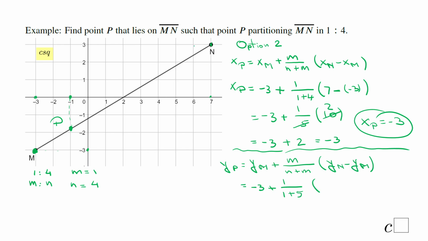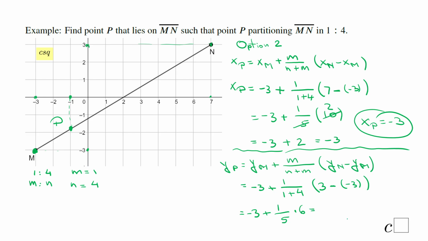And then yn, so this is the point, we have +3 minus -3, the one we start from. And I'm sorry, this is 1 plus 4, not plus 5. So we have here -3 plus 1 over 5, and 3 minus -3, that's 6.